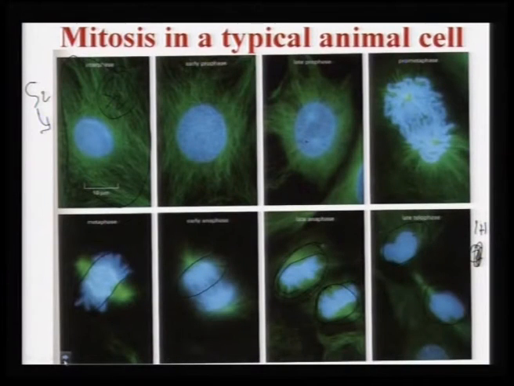As I mentioned earlier, G1 can be a variable phase, S can typically be 7 or 8 hours and G2 can be 1 to 2 hours. So, 8 plus 1 plus 2 means almost 10 to 11 hours. The rest of the time the cell spends in the M phase, and therefore you can understand that mitosis is a small time frame when you consider the longer time frame of the cell cycle.